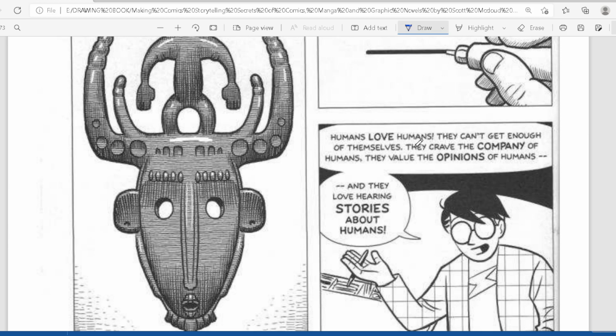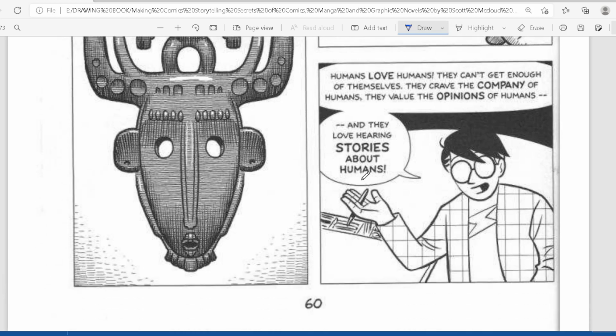And the readers will also want that, if we talk on humanity, they will be interested, right? So that is what the author is saying, and they love hearing stories about humans.